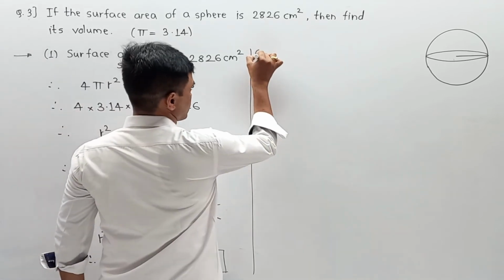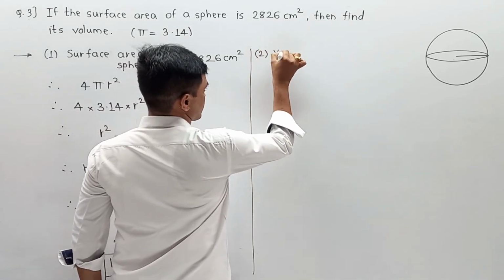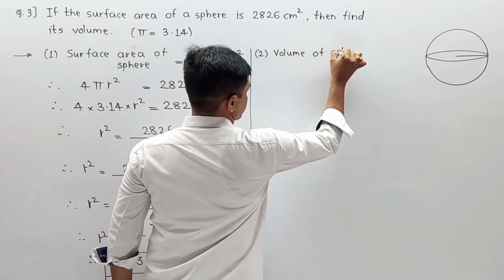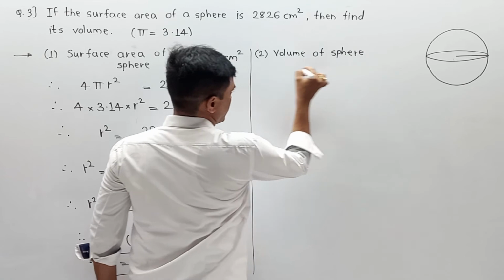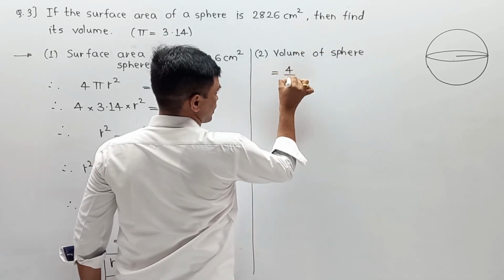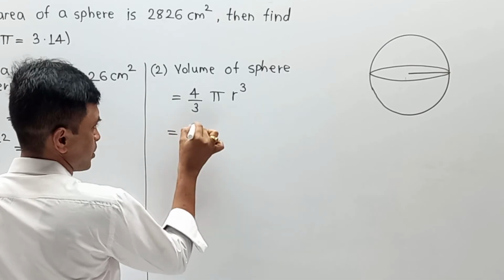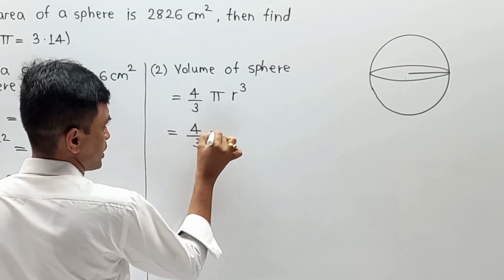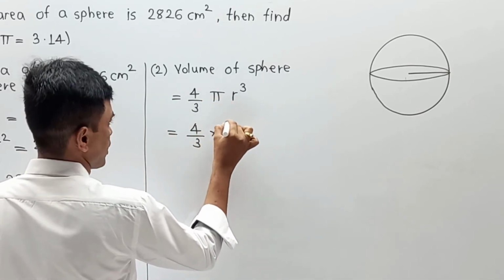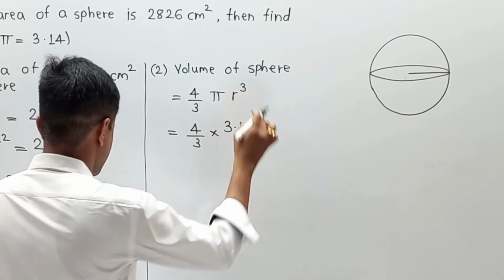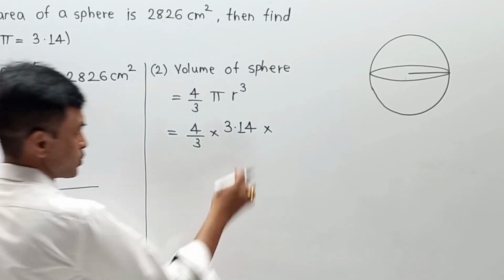So second part, volume of sphere, and this is nothing but 4 upon 3 pi r cube, which becomes 4 upon 3 into pi. They have mentioned the value of pi as 3.14, into r cube. The radius we have just calculated is 15, so 15 cube.